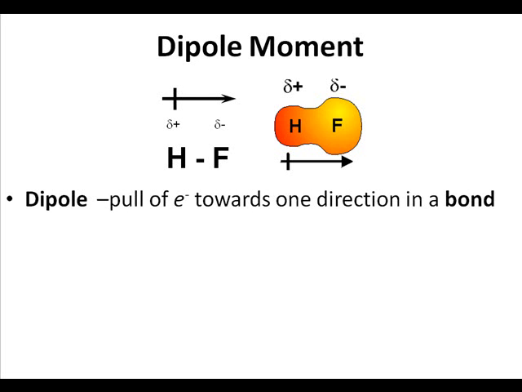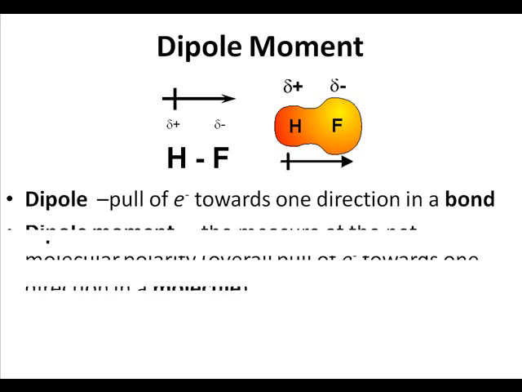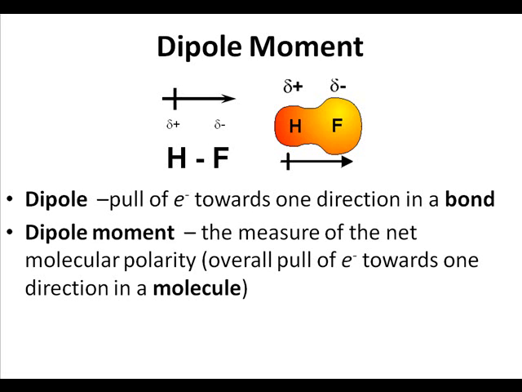So the dipole is the amount of pull of electrons towards one side of the bond. The dipole moment is the measure of that value. And so dipole is simply a term used to represent the strength of that difference. Now vector simply means that there's a direction to the charge or to the polarity.